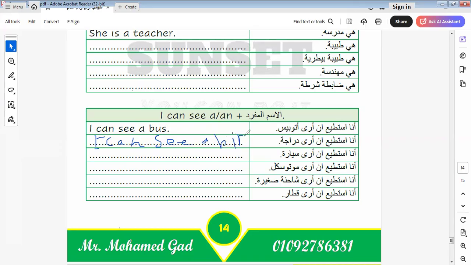I can see a motorbike. I can see a van. I can see a train. Here's a train, okay?